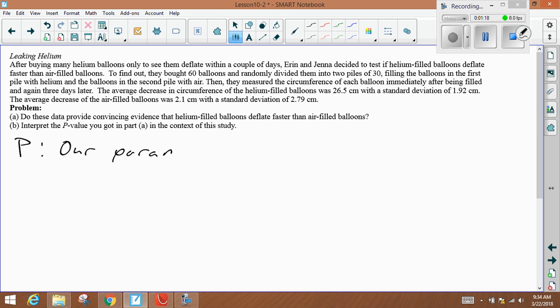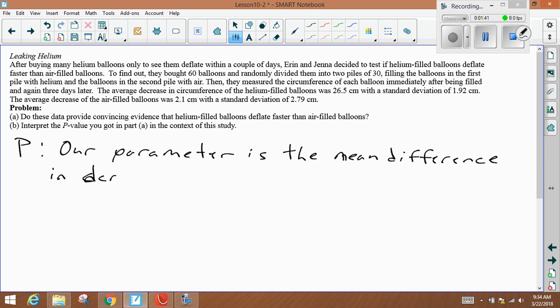Our parameter is the mean difference in decrease of circumference.